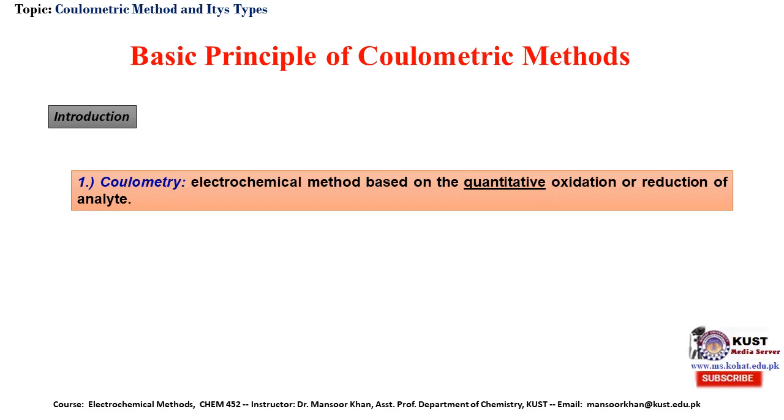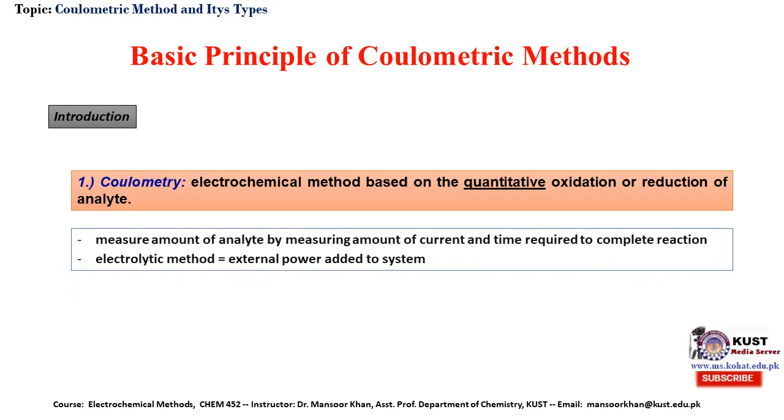Calorimetry is an electrochemical method based on quantitative oxidation or reduction of an analyte. In calorimetry, we measure the amount of analyte by measuring the amount of current and the time required to complete the reaction. An electrolytic method is equal to external power added to the system.